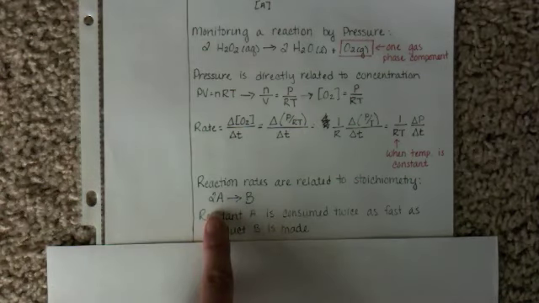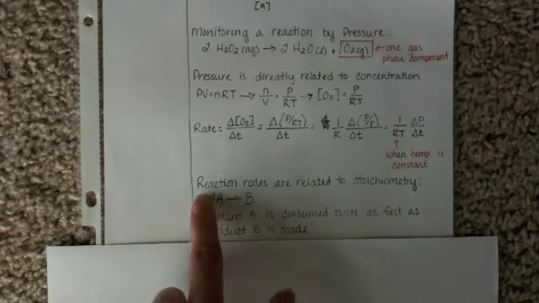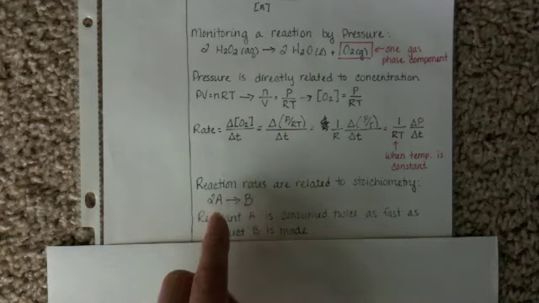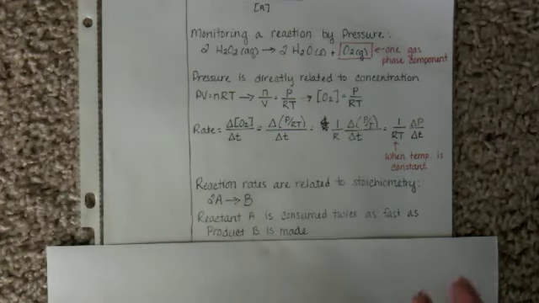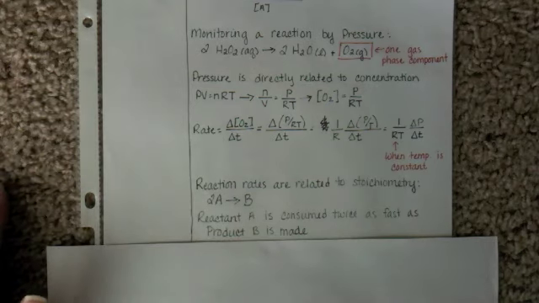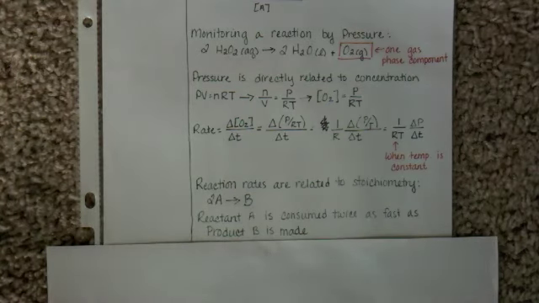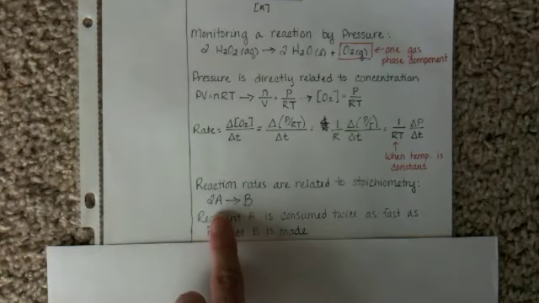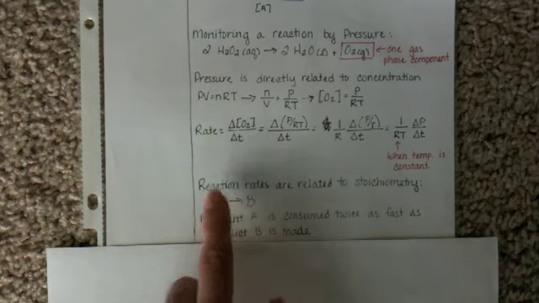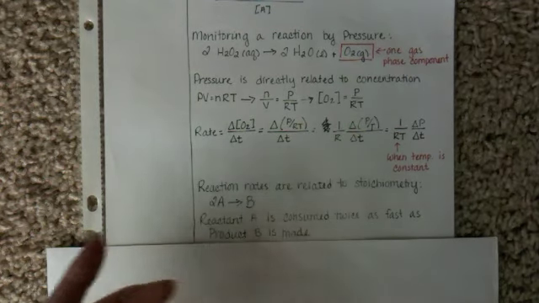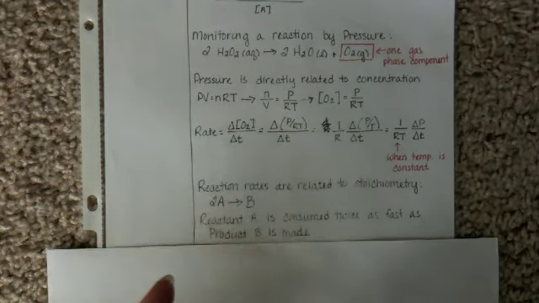And this difference, the stoichiometry of this reaction, does have an effect on the numerical value of the rate of the reaction. So if we just take the rate of the reaction with a very simple definition, change in concentration of A over time, change in concentration of B over time, we're going to see a difference in the numerical value of rate when we're looking at it in terms of A, as opposed to if we're looking at it in terms of B. Reactant A is going to be consumed twice as fast.